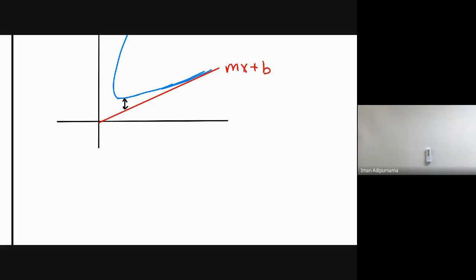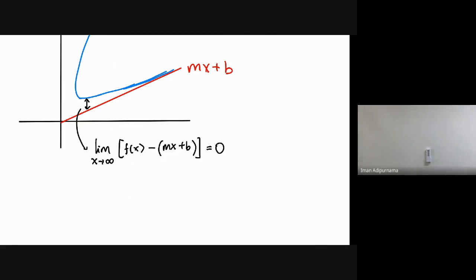A gap between the function and the linear equation. The definition of the slant asymptote is based on a limit. So as x approaches infinity, as x goes forwards, the difference between the function and the linear equation is equal to 0. Okay, so this is the definition for the slant asymptote.